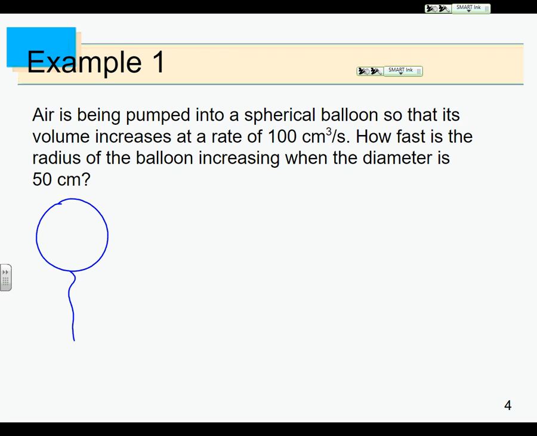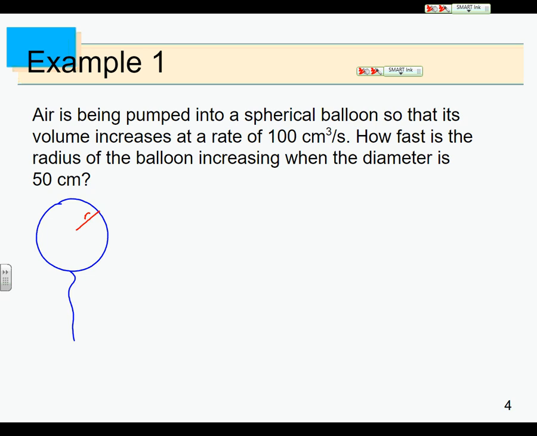So air is going into the balloon, so this balloon is getting bigger at this rate, 100 centimeters cubed per second. I want to know how fast the radius of the balloon is increasing, because if the balloon's getting bigger, I know the radius is getting bigger, whenever the diameter all the way across is 50 centimeters.